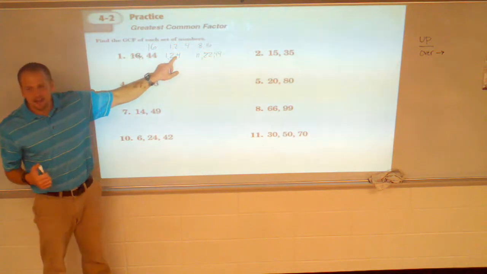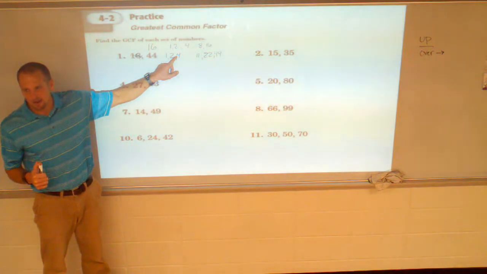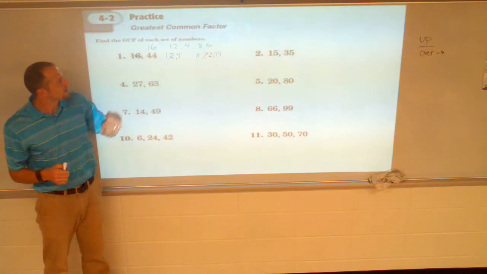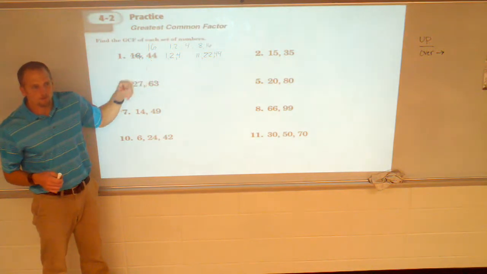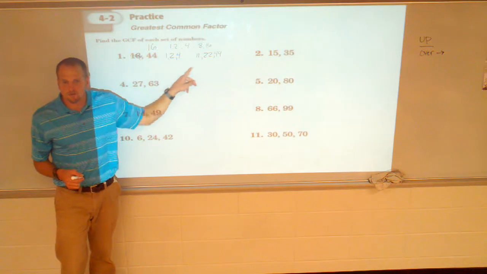If I can't divide it by 3, I can't divide it by 6 either. So I can't divide by 6. How about 7? Can I divide it by 7? No. All right? So, these are going to be all of your factors.